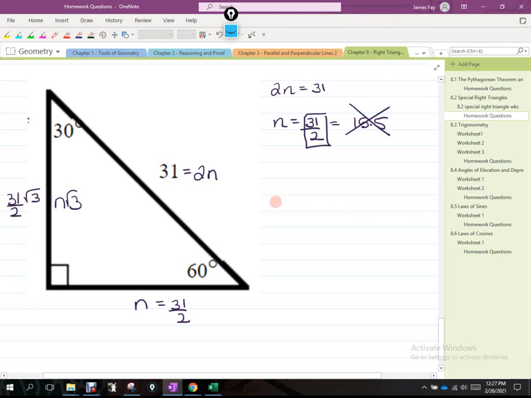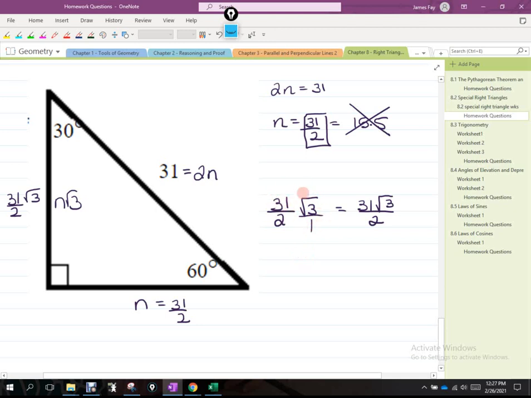Something that I think in the past has also presented people problems. I can write 31 over 2 times radical 3 like that. It's the same thing as taking 31 radical 3 all over 2. Those are equivalent, and they're equivalent because this radical 3 has a denominator of 1.